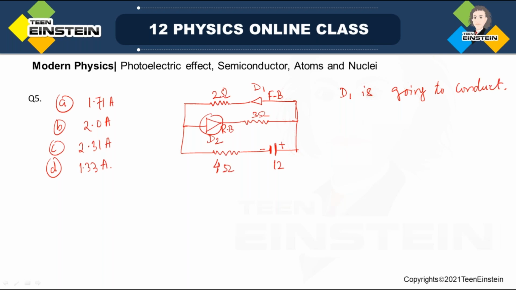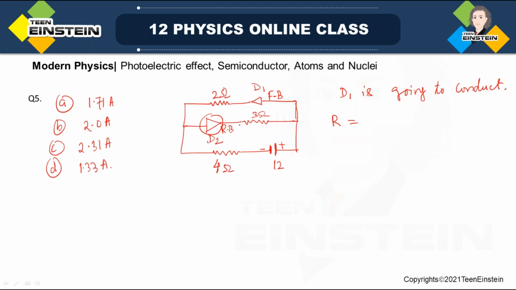So if D1 is conducting, what is the total resistance in the circuit? We have to see the total resistance in this circuit.